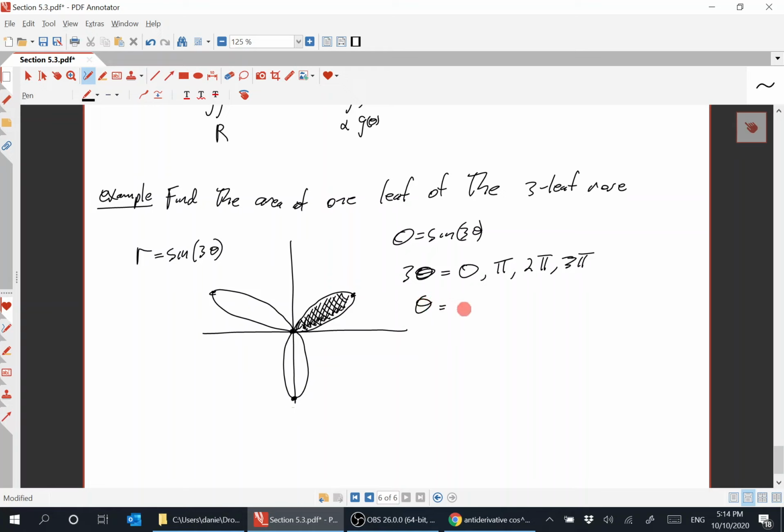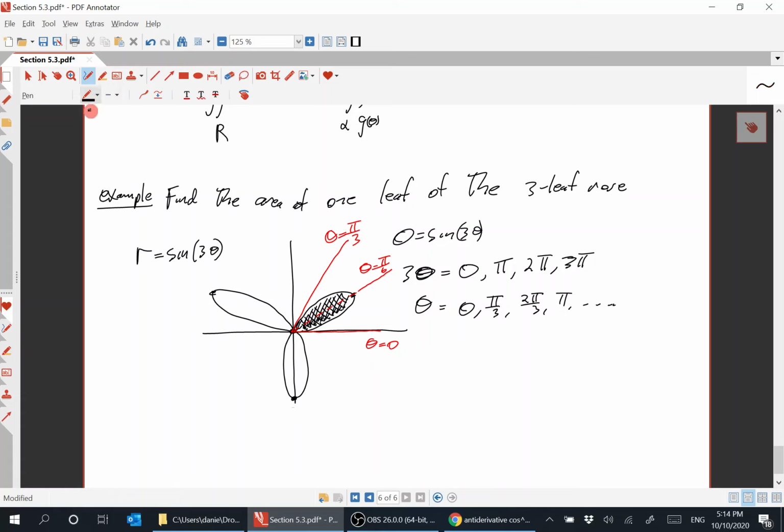So theta is 0, pi over 3, 2 pi over 3, pi, etc. So one leaf of the rose happens from 0 to pi over 3, 60 degrees. So this is theta equal to 0, theta equal to pi over 3, and right in the middle there is theta equal to pi over 6, where it reaches its maximum.